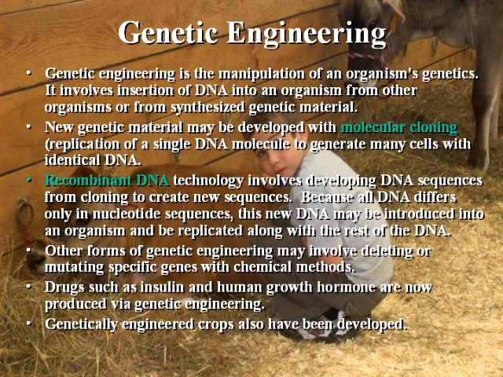A lot of work has been done with trying to develop disease resistance in different kinds of agricultural crops. It's also a kind of a process that's used with bacteria. You can, in essence, train bacteria to manufacture certain chemicals for you. So drugs such as insulin and human growth hormone are now produced via genetic engineering.